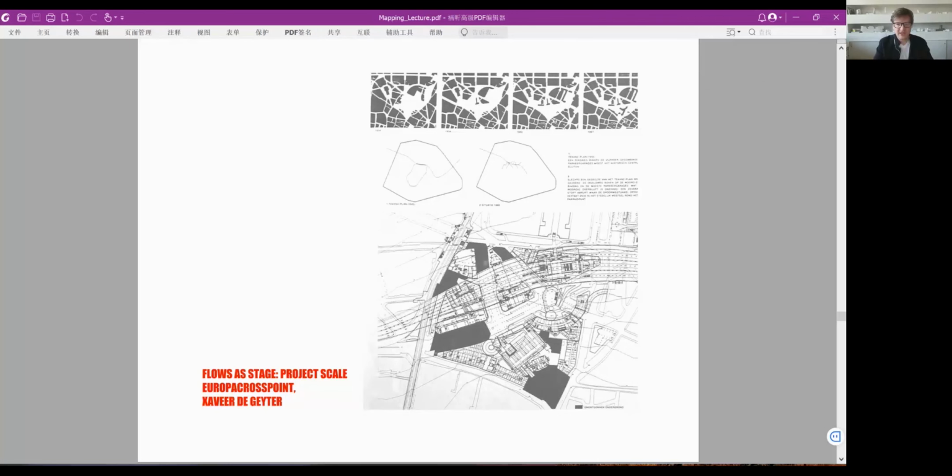And this is something we have very often in situations where, of course, things are very dense on the one hand, and where different stages, different project scales, as here you can see in the center of Brussels, and you have these situations many times in Beijing as well, are overlaying. This is a project by Javier de Gaete from Brussels. Next one.